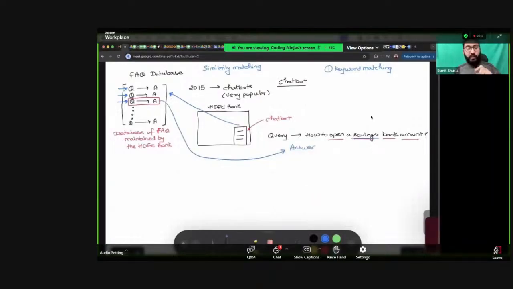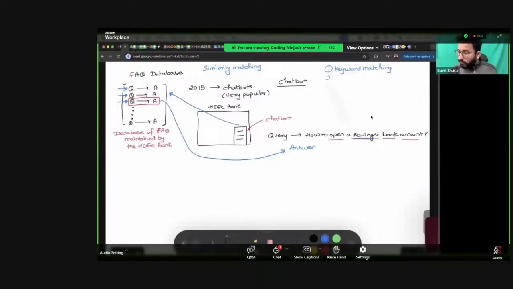So it is performing keyword matching, where it is not looking at the meaning of the sentence. It is just trying to find the closest question that is similar to your query.